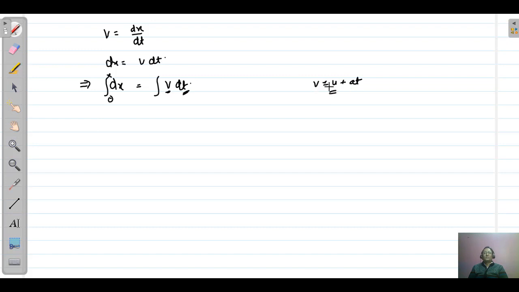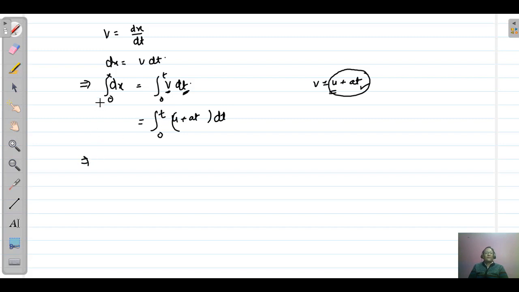If we replace v with u + at, the only variable term is t, with which we integrate. So we get the integral of (u + at) dt, with time from 0 to t.